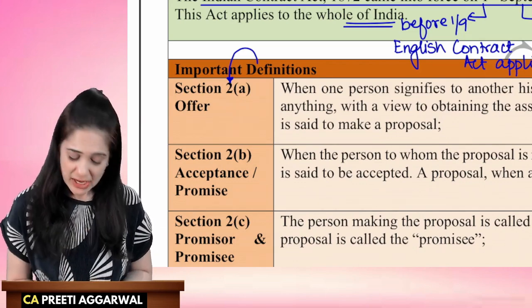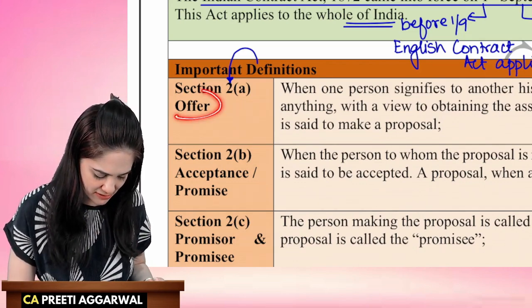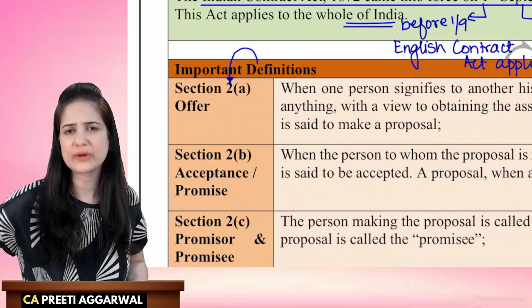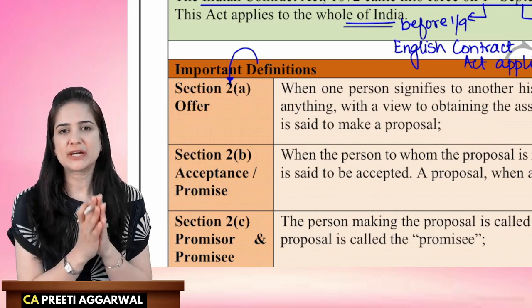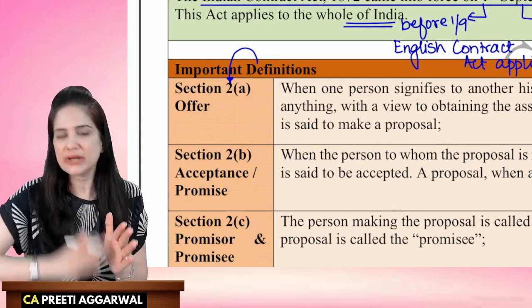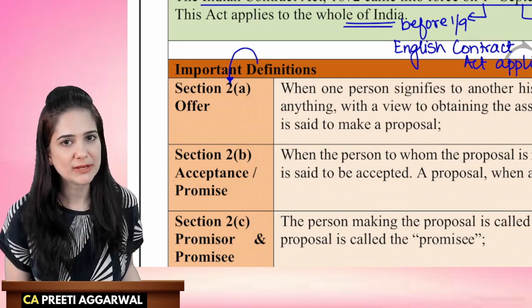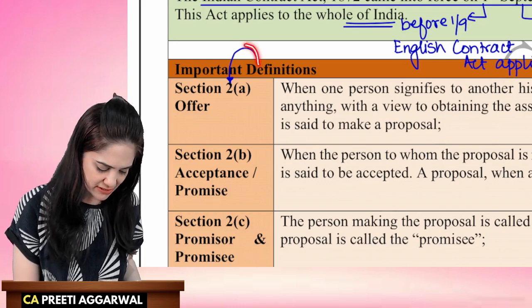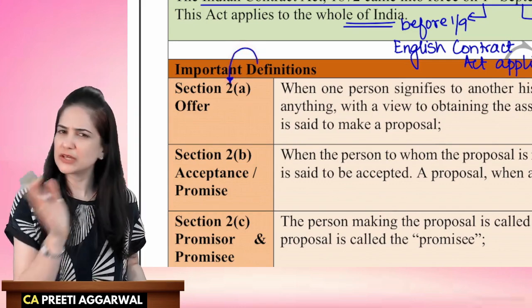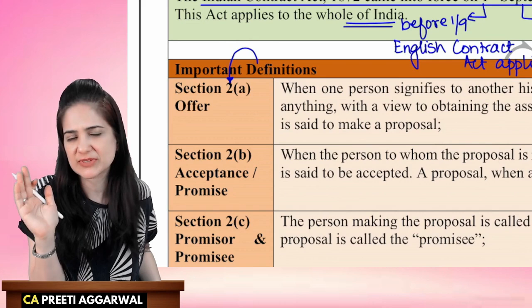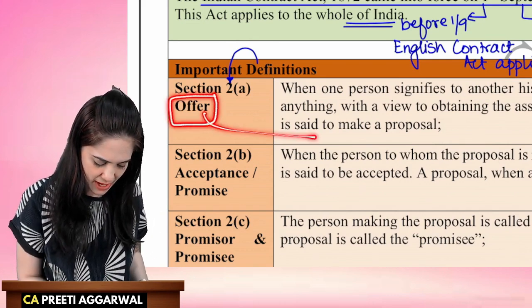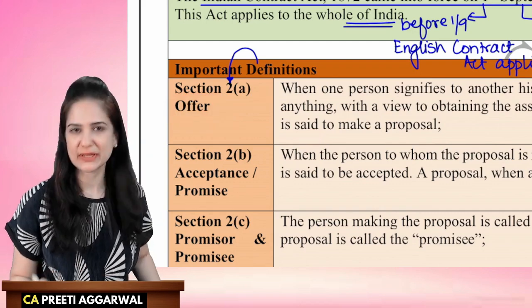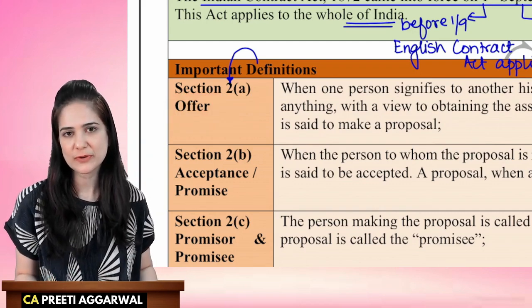Instead of explaining a word again and again whenever it is used in the act, why don't we define it at one place, and then whenever it is used in the act, it will have the same meaning? That is why you will find that the definitions are given in the initial sections like section 2 or maximum section 3. Whenever this word is used in the act later on, it will have the same meaning. So there is a uniformity which is brought about.